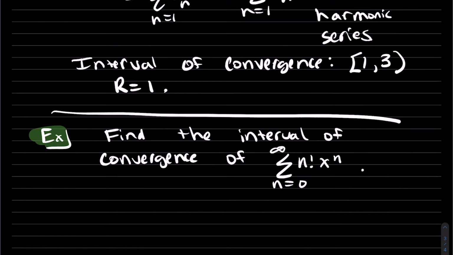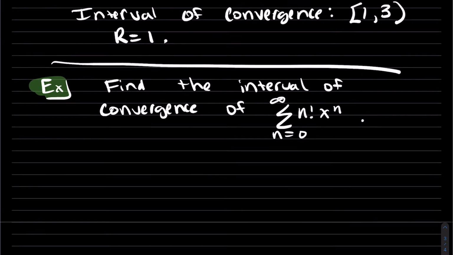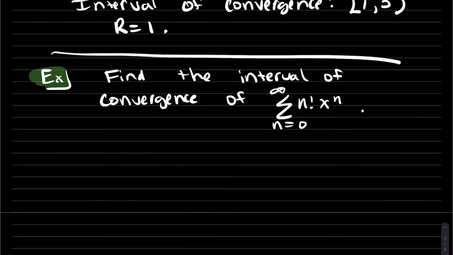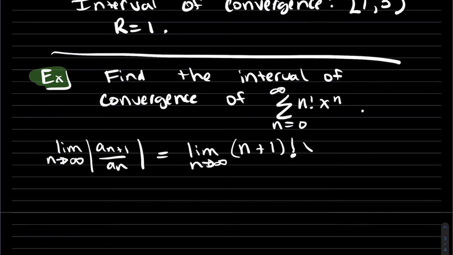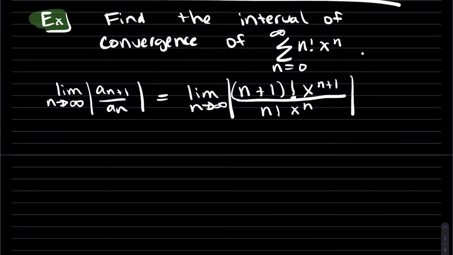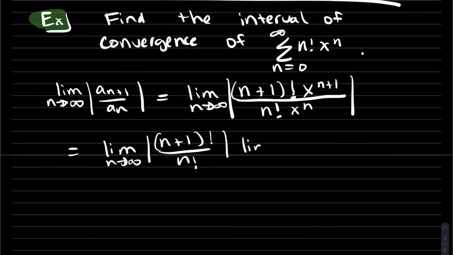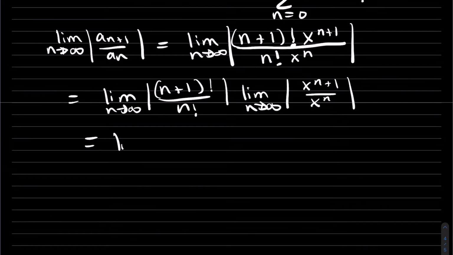Okay, so let's do the same thing. We're going to find the interval of convergence for this series. So we're taking the limit of the absolute value of a to the n plus 1 all over a to the n. And so we're going to simplify it. So we can pull out an n plus 1, and that's times n factorial.